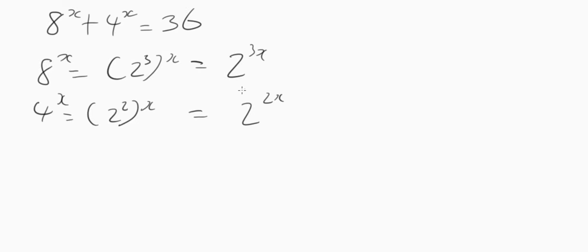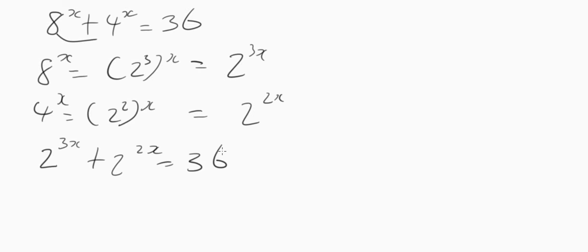Now substituting this back into the original equation, remember this is the original equation, it's going to give us 2 to the power 3x plus 2 to the power 2x equals 36.